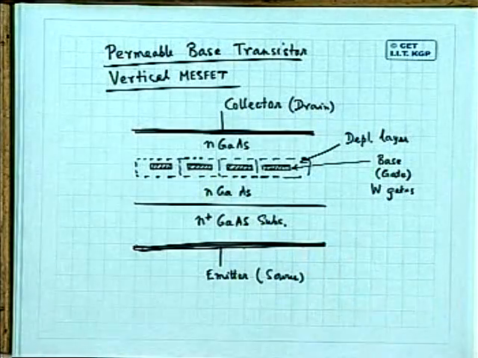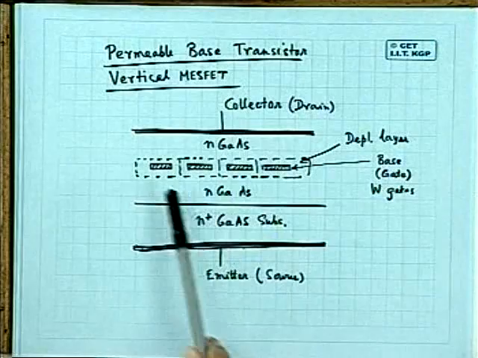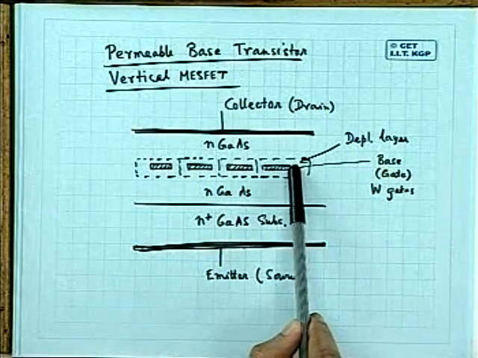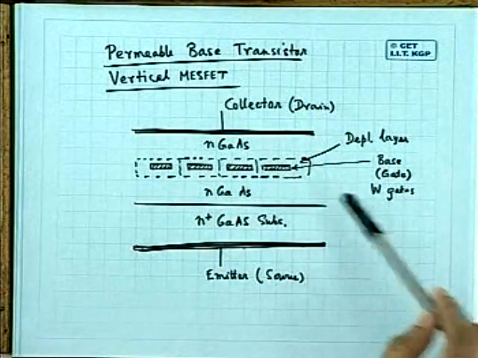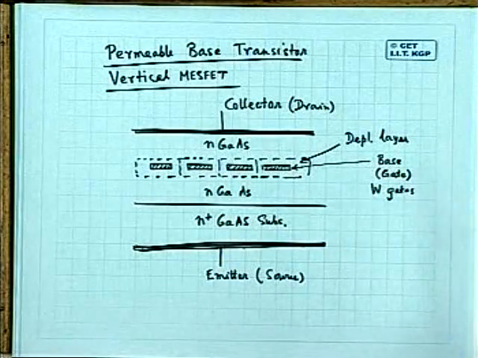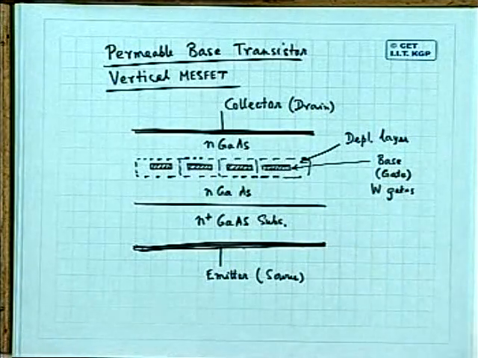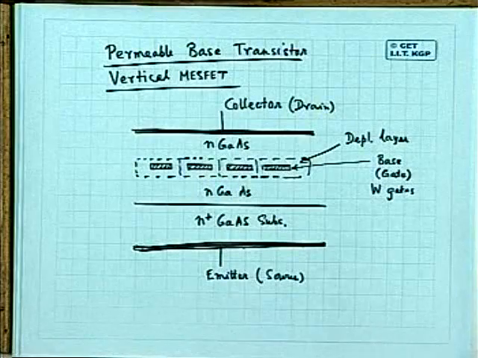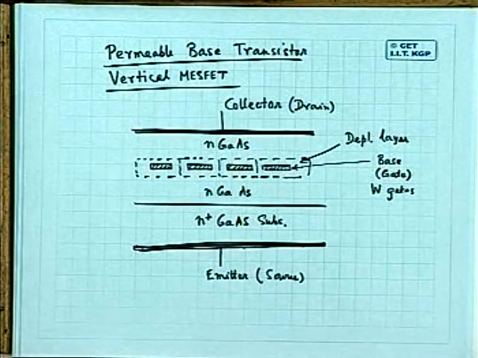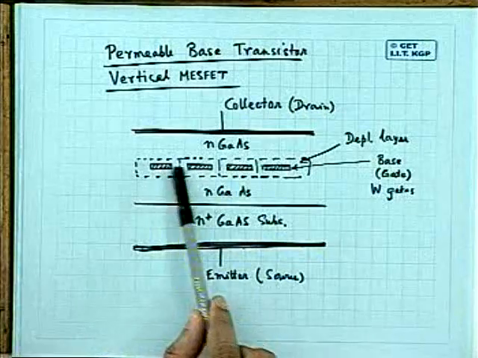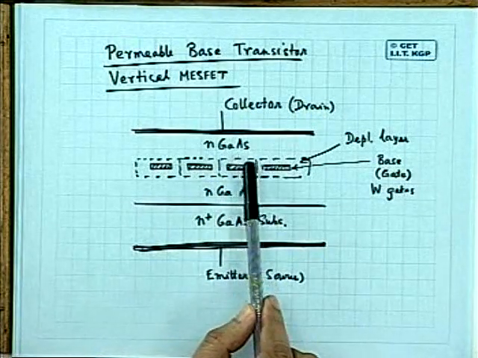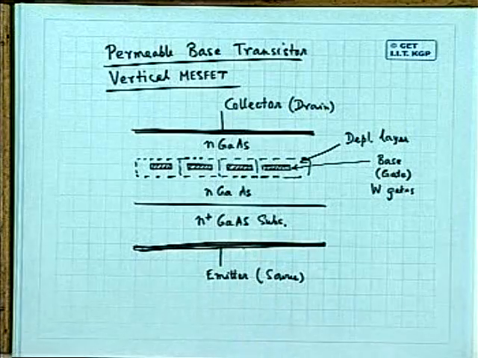That is why the structure is vertical. These tungsten electrodes must have some access outside. You should have the connectivity. You have to design in such a way that you can connect these gates. Then what is going to happen? You know that this gate, tungsten on N gallium arsenide, behaves as a Schottky diode.